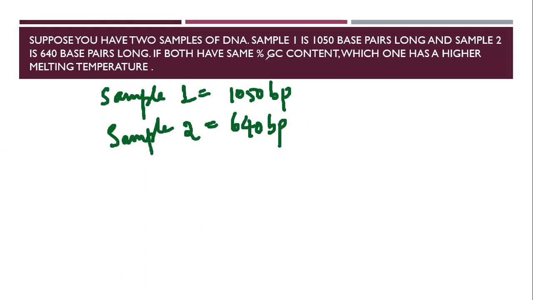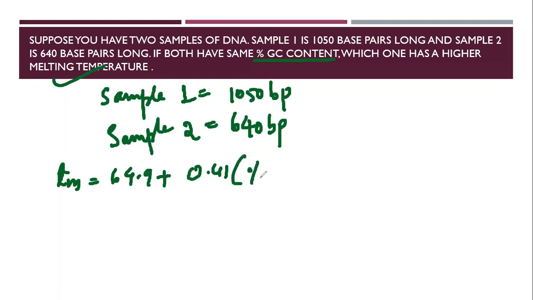If both have the same percentage of GC content, which one has the higher melting temperature? So again use the same formula. Tm is equal to, what is the formula? 64.9 plus 0.41 percentage of GC minus 500 by DNA length.